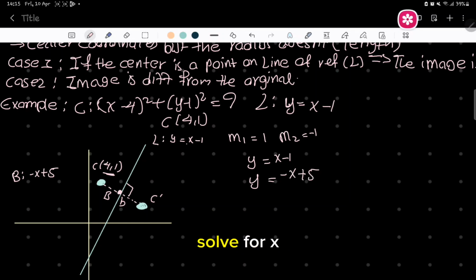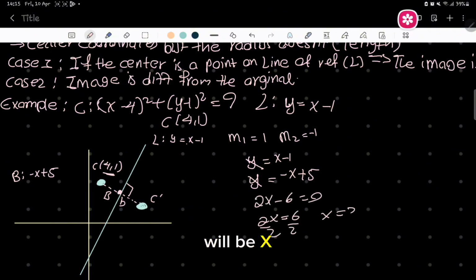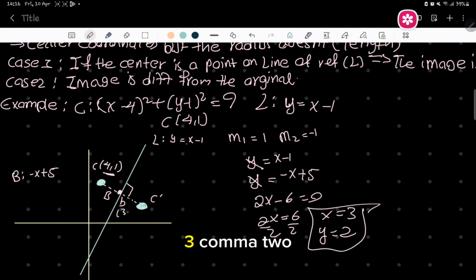We solve for x first, which gives 2x equals 6, so x is equal to 3. Then by plugging 3 into one of the equations, we get y equals 2. So point b right here is going to be 3, 2.